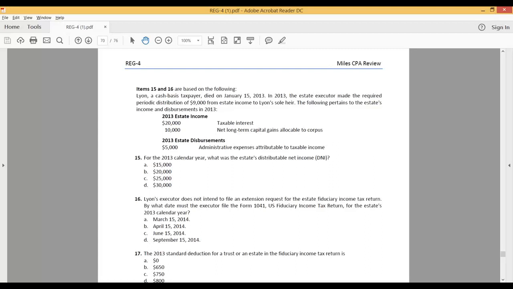The disbursements are $5,000 towards administrative expenses. For the 2013 calendar year, what is the estate's DNI? So we just looked at what DNI is, right?